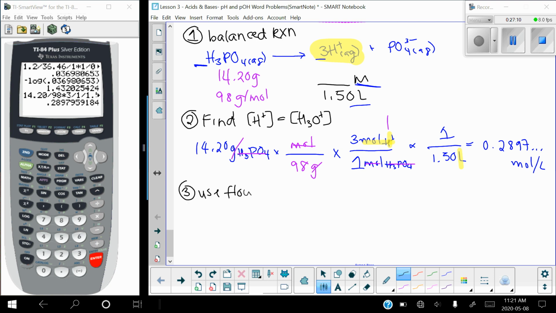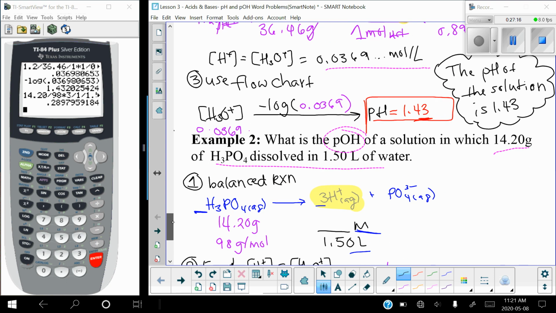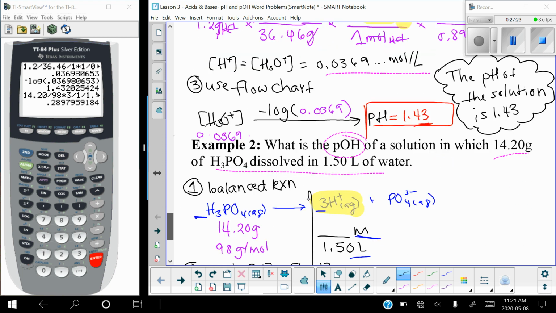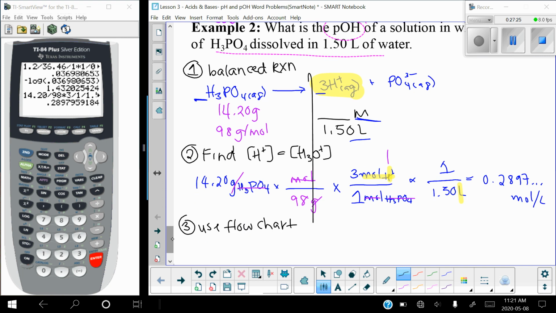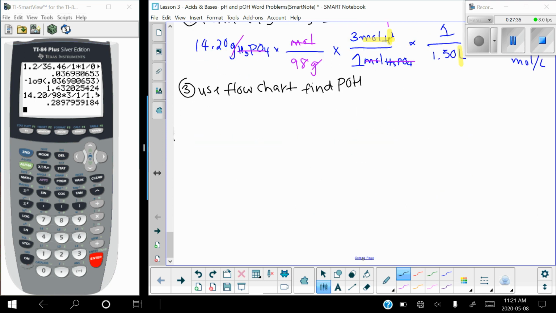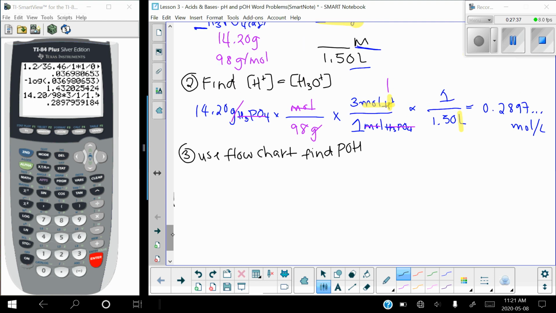All right, from here, we're going to use the flow chart, the acid-base flow chart. And in this case, we are looking for pOH. So use flow chart to find pOH. So remember, if we have H+, we have hydronium.